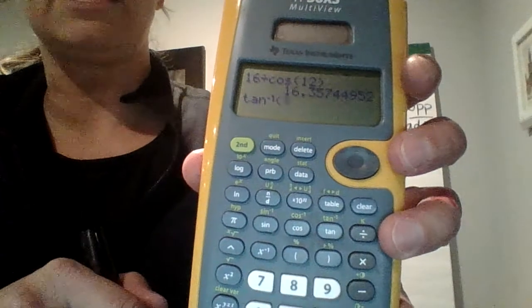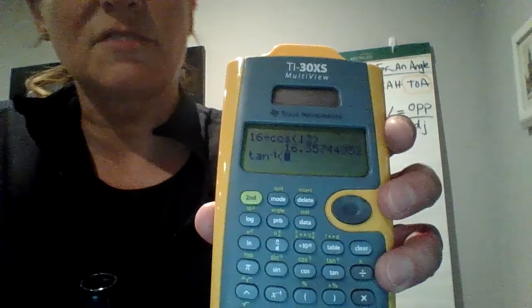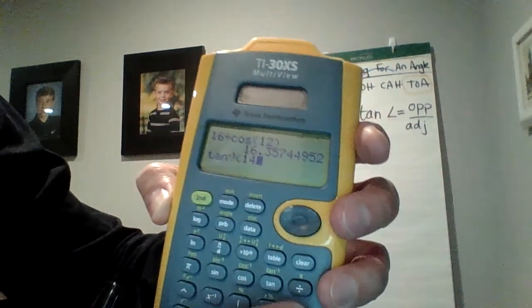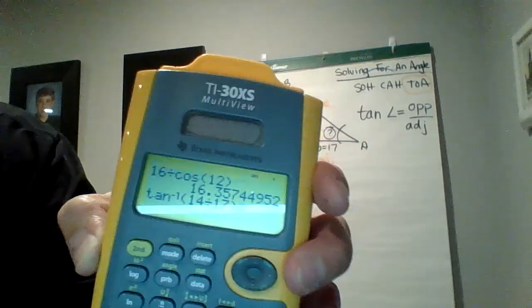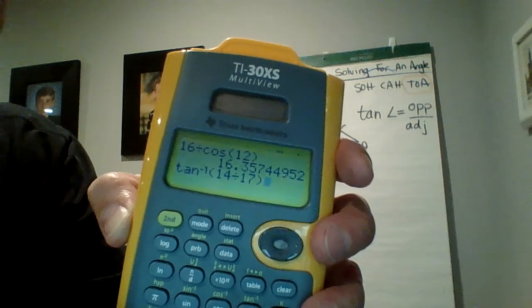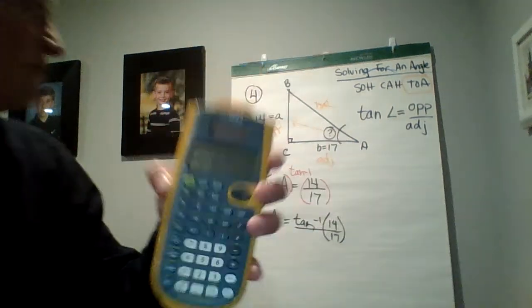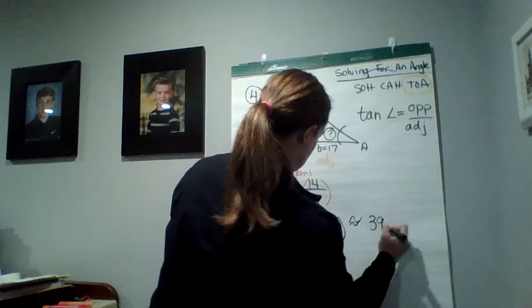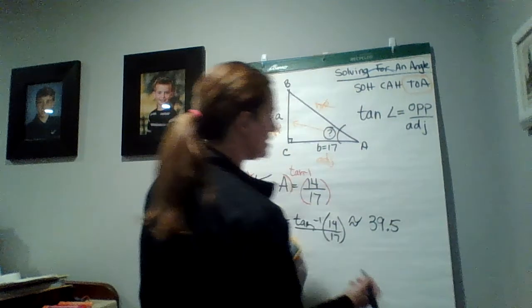And you get inverse tan of, and I'm going to put in 14 over 17 as a fraction. 14 divided by 17. Close the parentheses just because I feel like it. You don't really have to. But the answer comes out to be 39.4, which is an approximation. You can see the 39.5 I will write down.